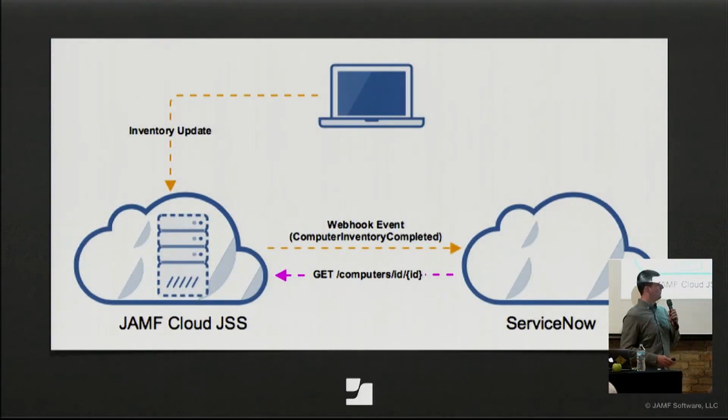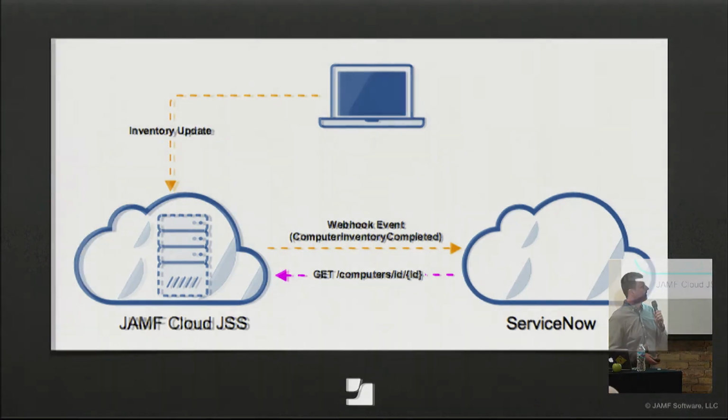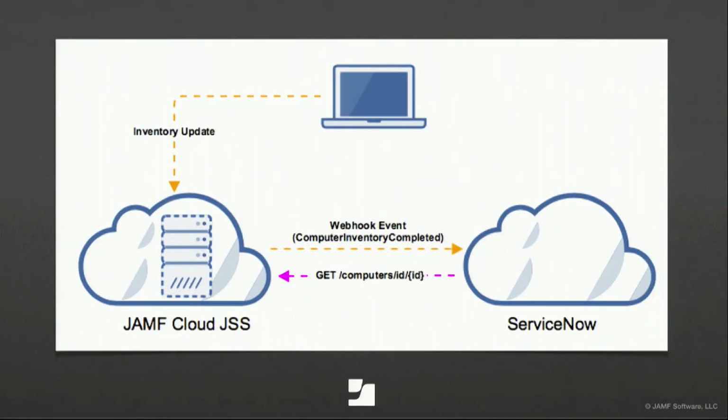So here's a diagram of how we have set this up to ensure that inventory data remains up to date in the ServiceNow instance. Computers submit their inventory updates to the JSS, or the Jamf server. We have a computer inventory completed webhook configured so that every time a computer submits its inventory, the JSS lets the ServiceNow instance know.